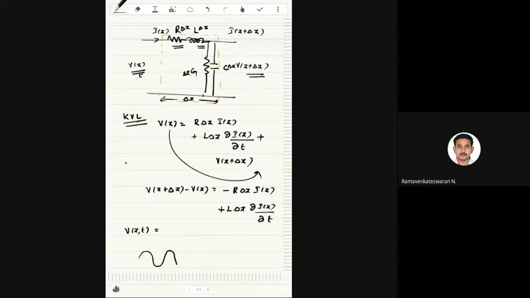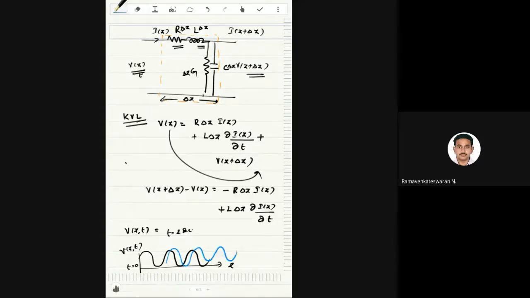It will have a distance component Z and also a time component. At t equals 0 the wave is starting, and after some time, for example t equals 2 seconds, the wave could have traveled something like this.